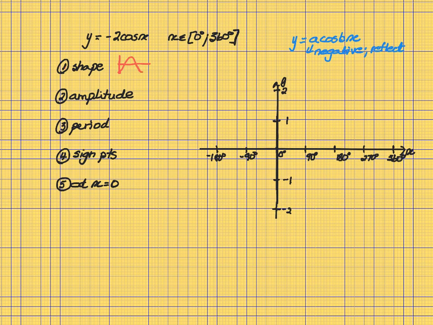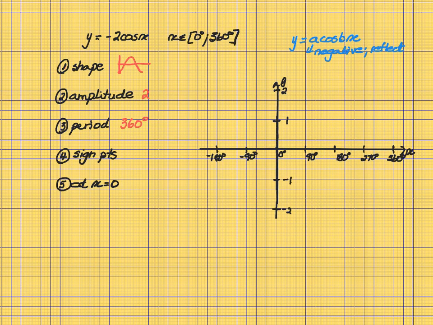The amplitude is going to be 2, because the amplitude is the positive of a. a is negative 2, so the amplitude is 2. The period is going to be 360 degrees. It's as the standard cos graph because b is 1. So the period is 360 degrees.